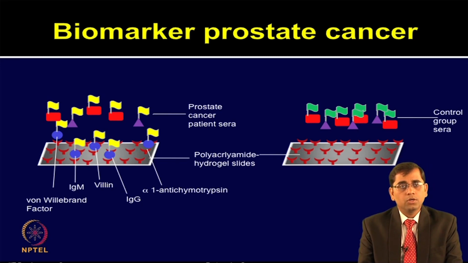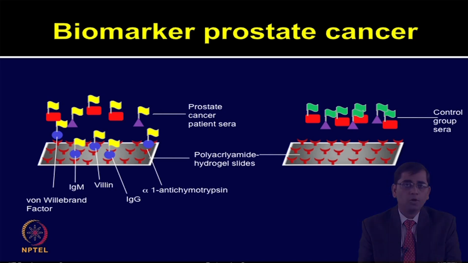Investigators used robotically spotted 184 unique antibodies on polyacrylamide based hydrogels and poly-L-lysine coated glass slides, which they probed with sera from prostate cancer patients and healthy individuals. Let me use this interactive animation and show you the results obtained for the hydrogel slides.